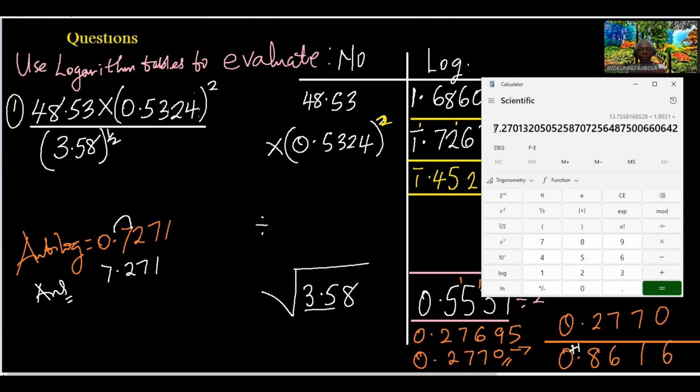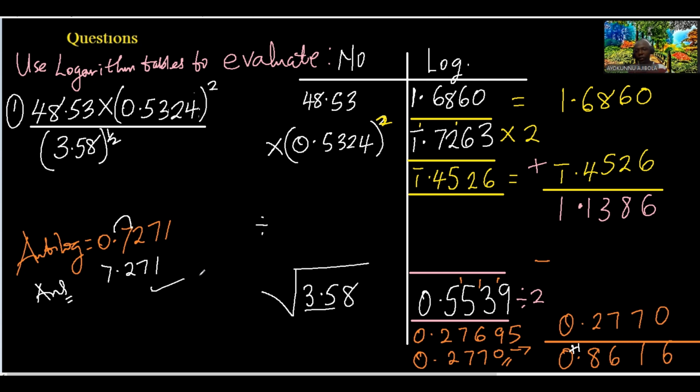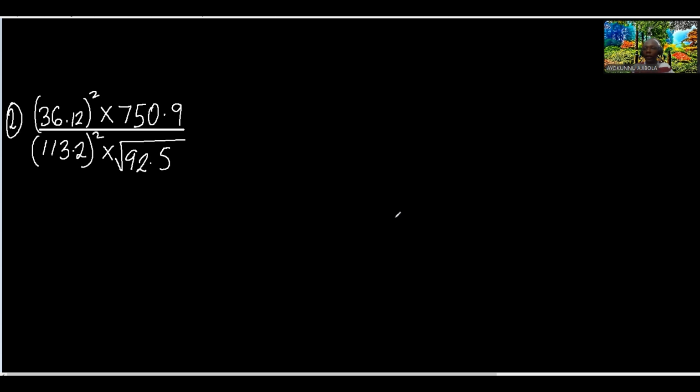So this is 7.270. And we got 7.271, which is correct according to the table. So having said that, let's look at the second one. After looking at the two, I'll be able to give you something to try relating to this.